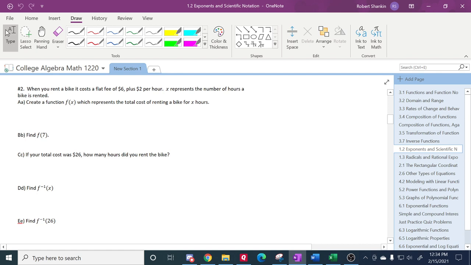So, number 2. Do this one when you rent a bike. It costs a flat fee of $6 plus $2 per hour. X represents the number of hours a bike is rented. Create a function which represents total cost of renting a bike for X hours. Find f of 7 and so on. Continue on with this as far as you can.